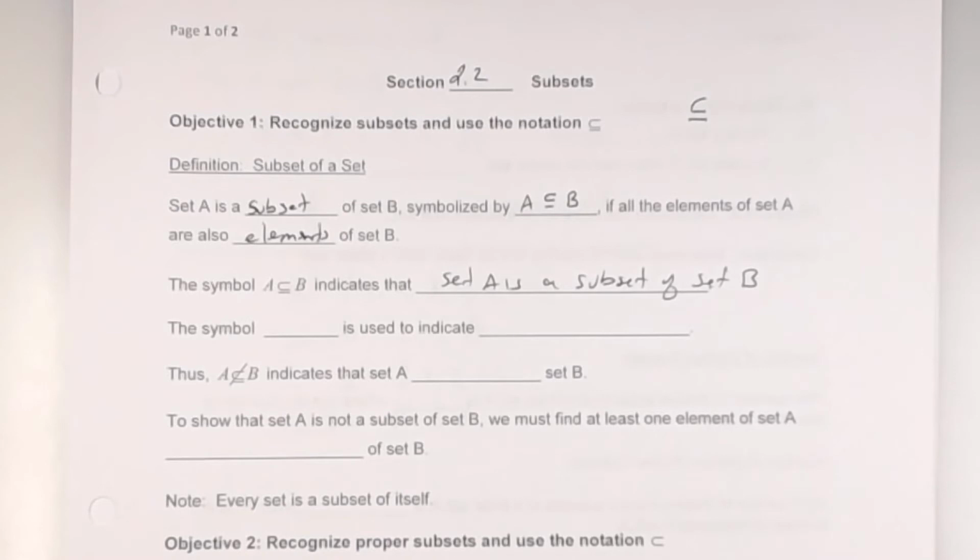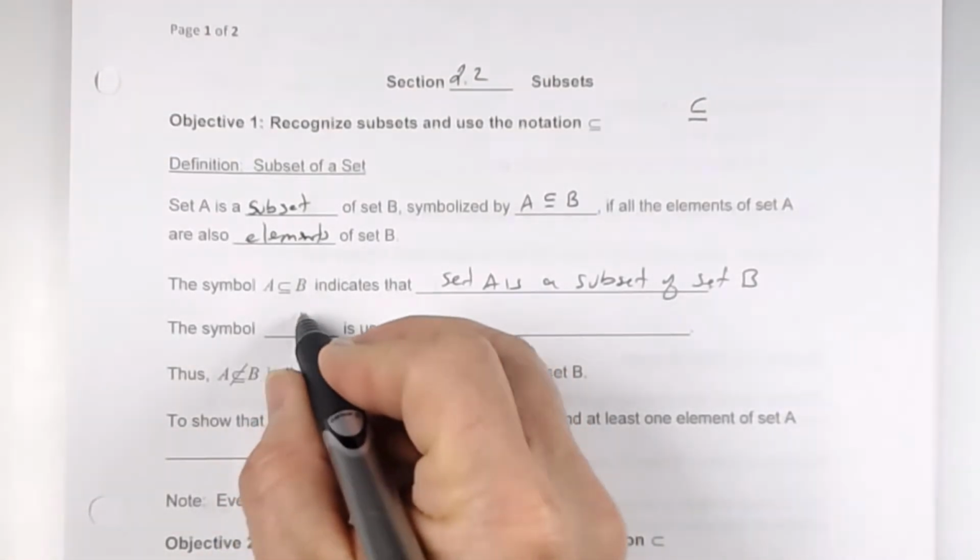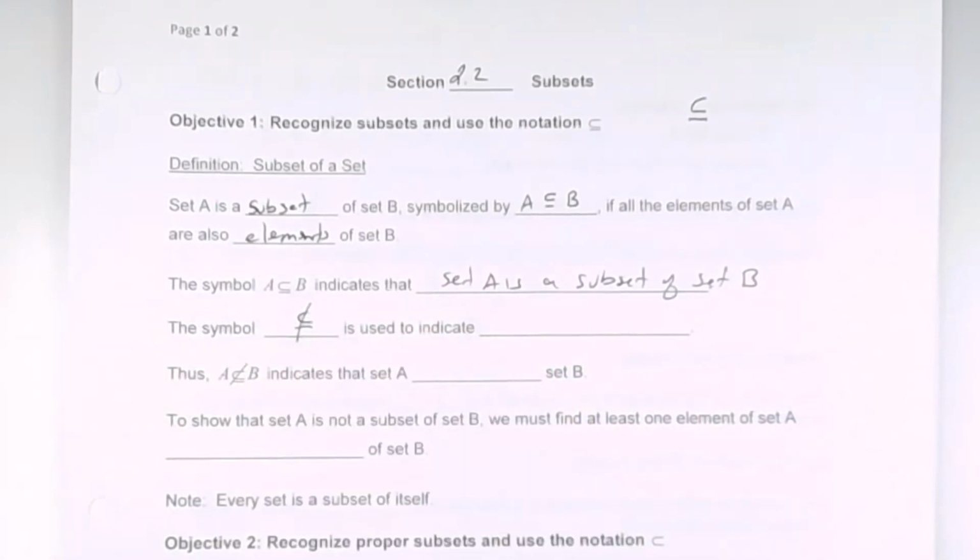The next line. This symbol right here looks like this. Tell me about that symbol. What do you think that means based on what we did last class period? It's not a subset. Good. Do you remember the not an element symbol? That symbol looks very similar, except this one means not a subset.